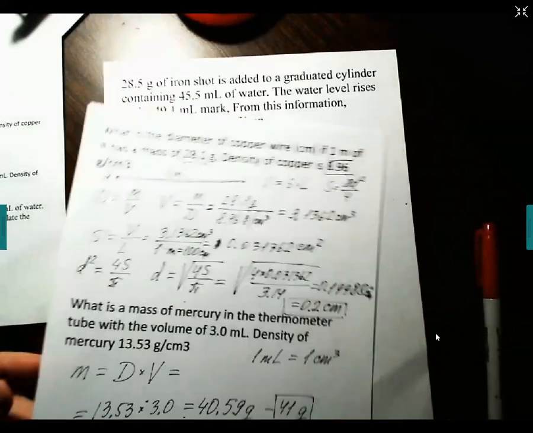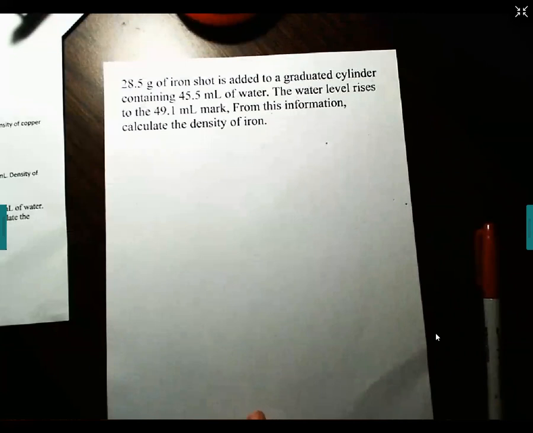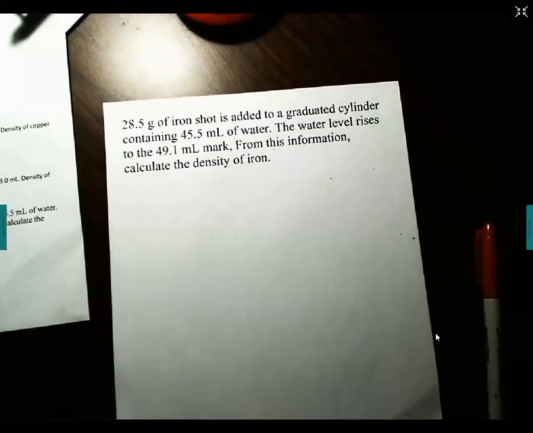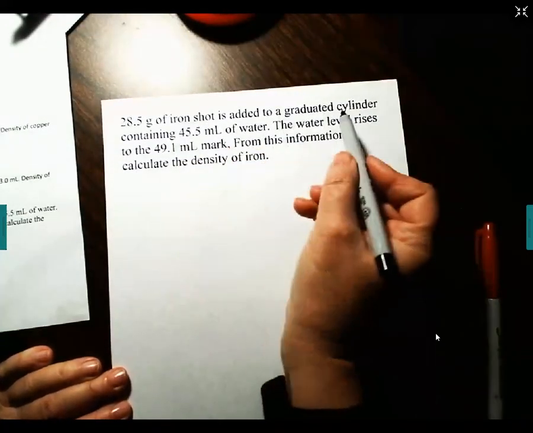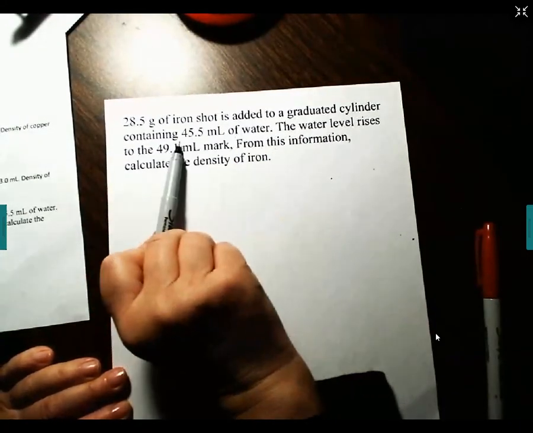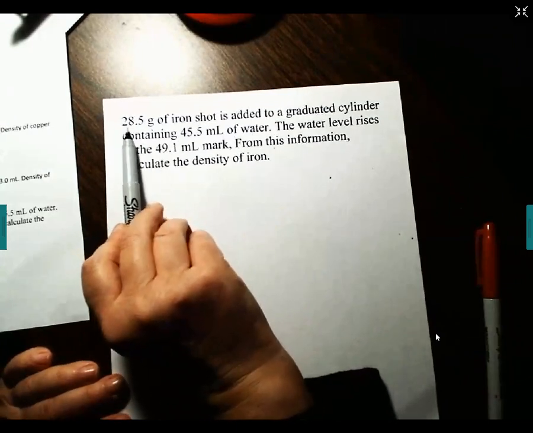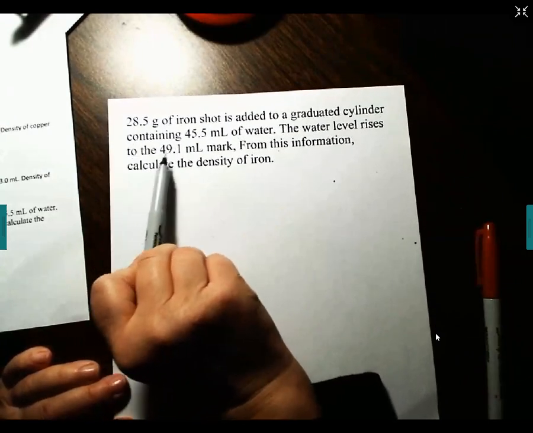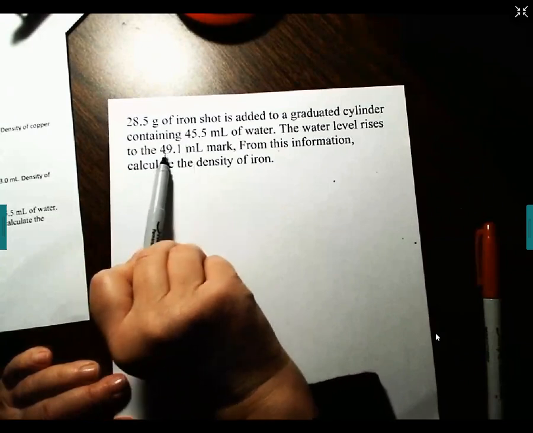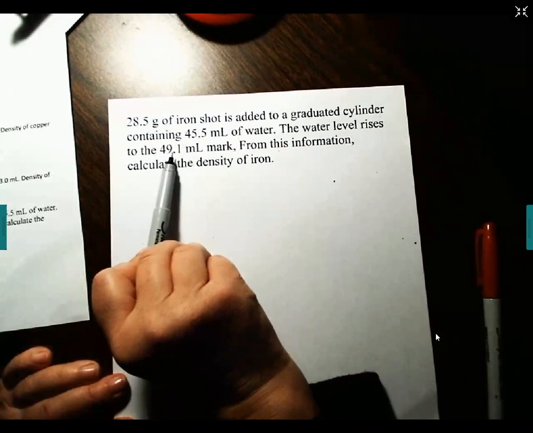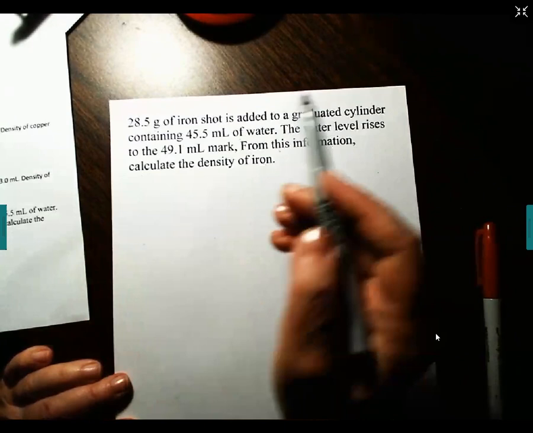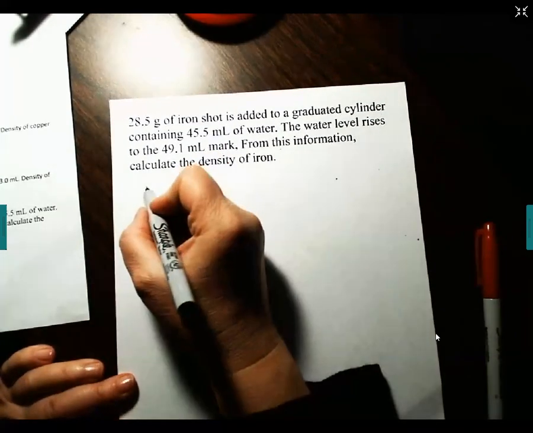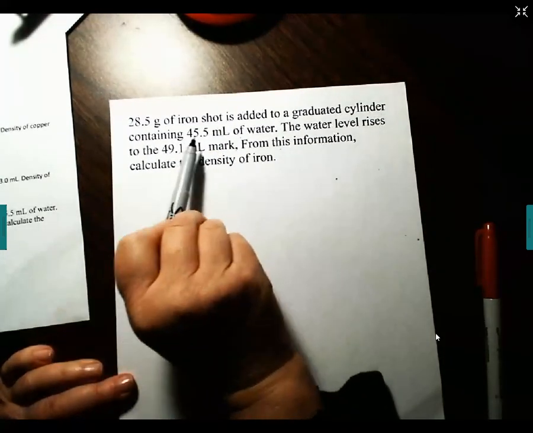And one more problem on density. So we have an initial volume of water in a graduated cylinder. After we added some piece of iron into it, the water level rises to some other mark. So we should calculate the density of iron. First, we can calculate the volume of iron by subtracting.